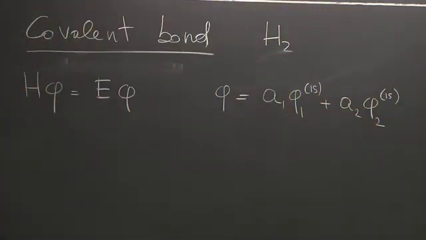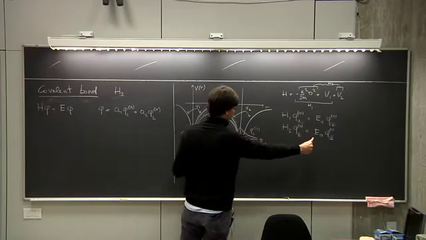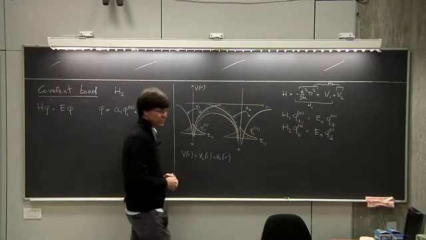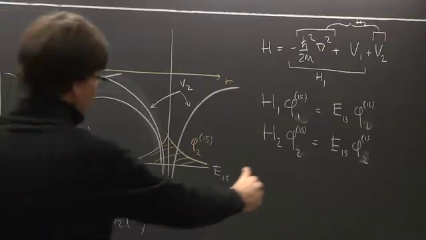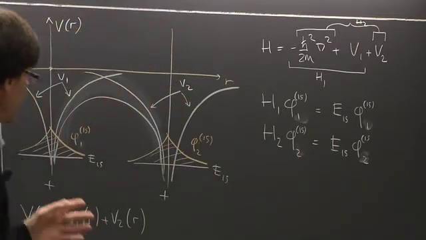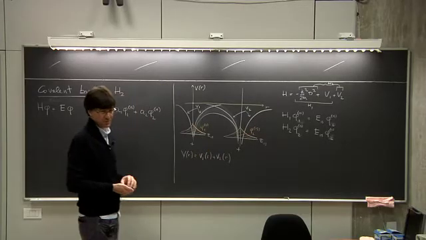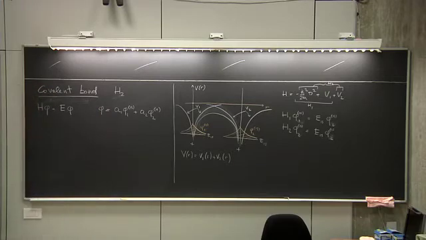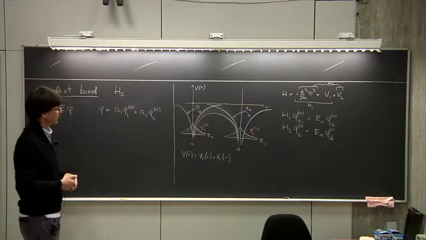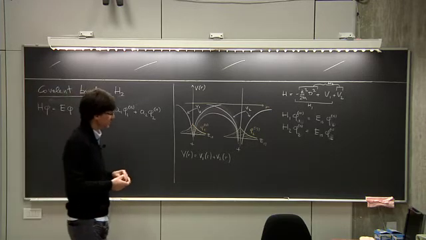In some sense, I'm saying suppose I start from a solution I know, that the two wave functions are independent, and let me bring the two protons closer and closer. The true solution will become a mixture of the original solutions of the two independent problems. Qualitatively, this is the argument that I'm using to justify my choice of the wave function expressed in this form. Again, it's not an exact statement, but it is an approximation.